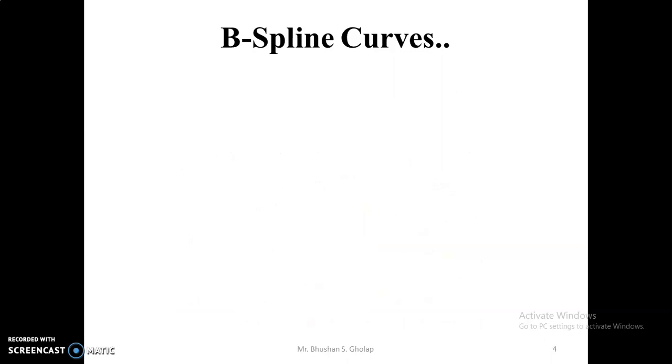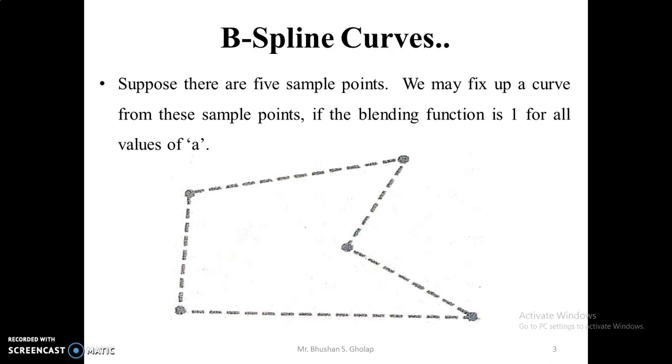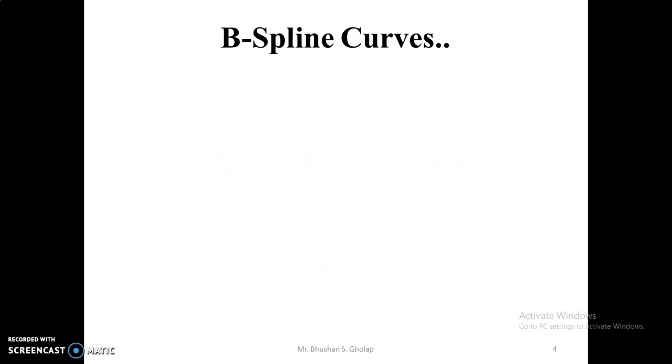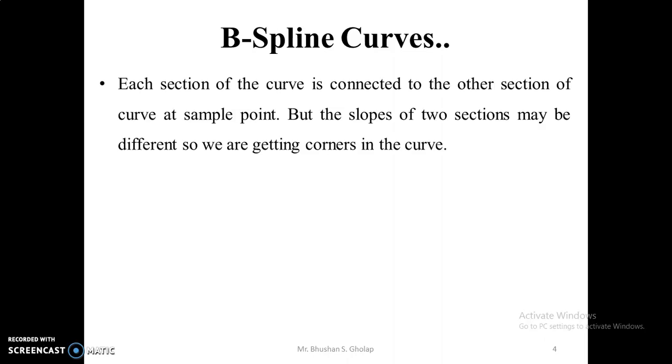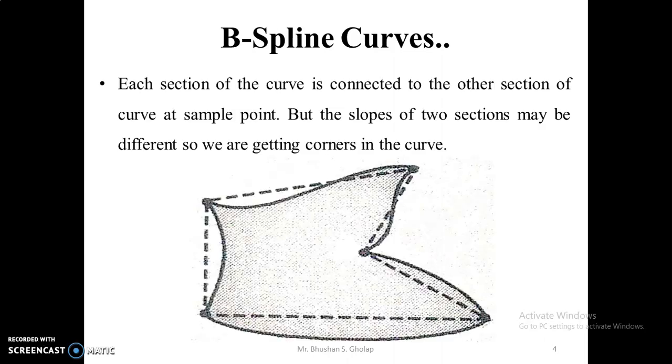If we see the figure carefully, we will come to know that each section of the curve is connected to the other section of the curve at a sample point. But the slope of the two sections may be different, so we are getting corners in the curve. It means the curve which we are getting is not smooth.